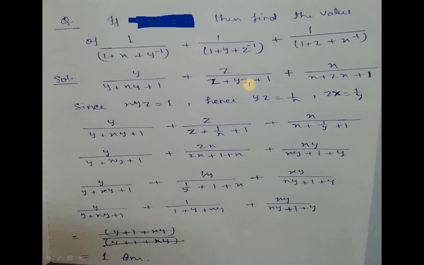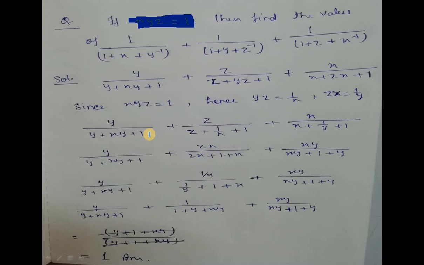Now, yz can be written as 1 upon x, because xyz equals 1. So yz is nothing but 1 upon x. So I have written yz as 1 upon x, then zx I have written as 1 upon y. I will again solve this and I'll get y upon (y plus xy plus 1). So this I am taking as it is because I am trying to make the denominator y plus xy plus 1.